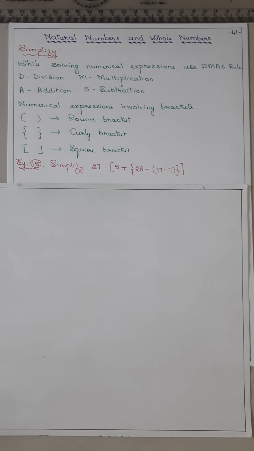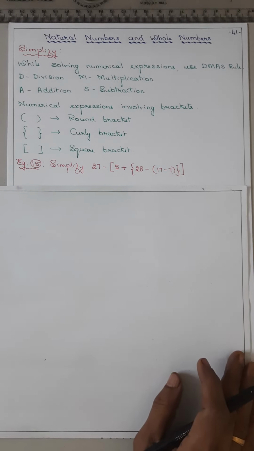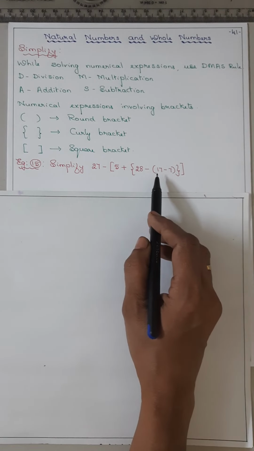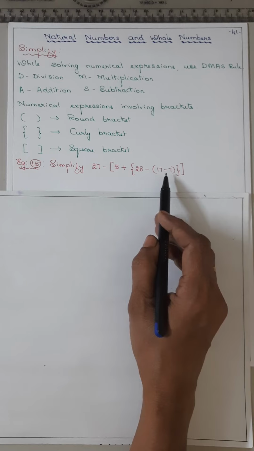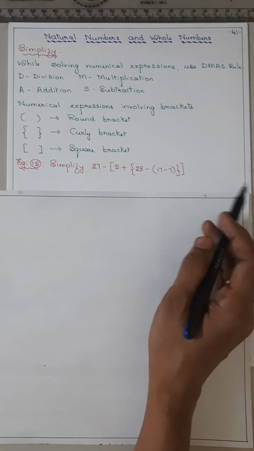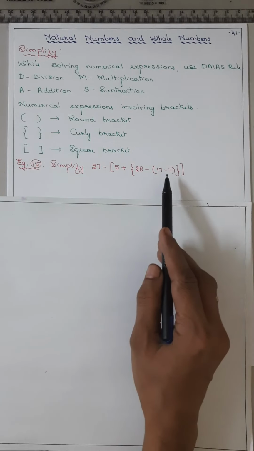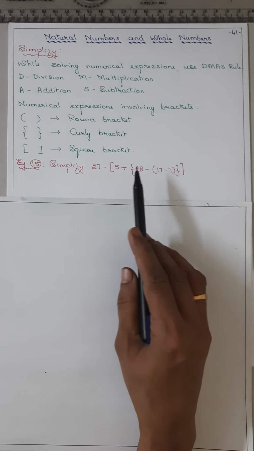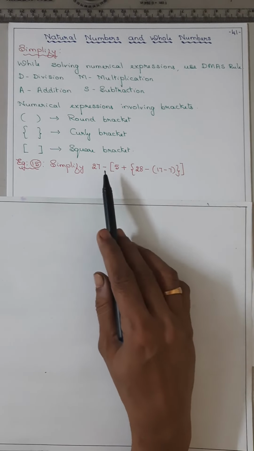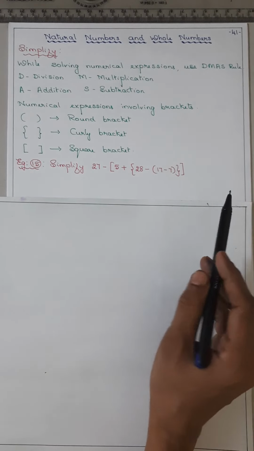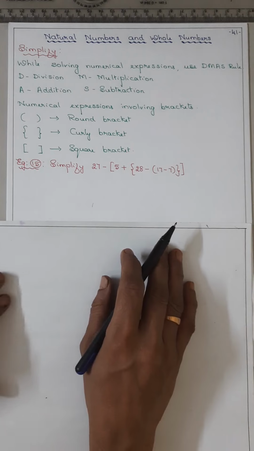Simplify 27 minus square bracket 5 plus curly bracket 28 minus round bracket 17 minus 7, and brackets close. As I have told you earlier, innermost is the round bracket, next comes the curly bracket, next comes the square bracket. Is it clear? Now we will simplify this.